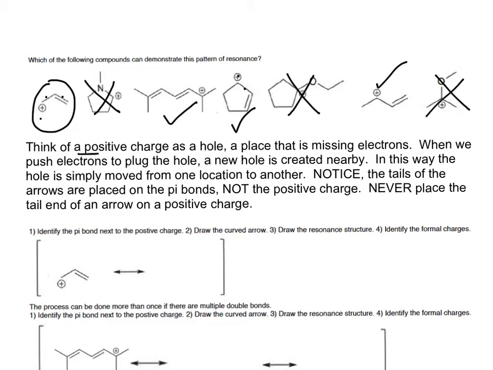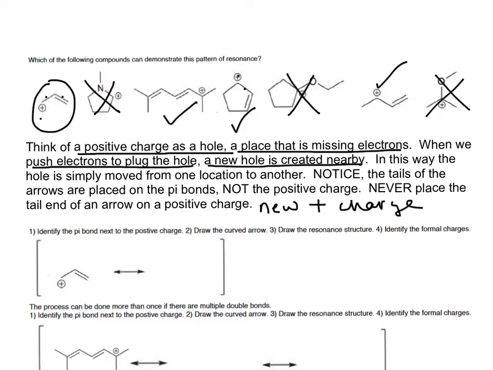So we can think of a positive charge as a hole. It's a place that electrons are missing. So what we're going to do is push the electrons to plug the hole. And then this creates a new hole nearby. So a new hole would be a new positive charge. We need to remember when I draw the arrows that the tail of the arrow is going to be placed on the pi bond, not the positive charge.